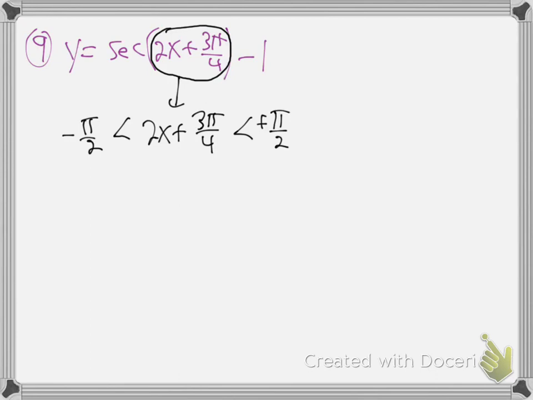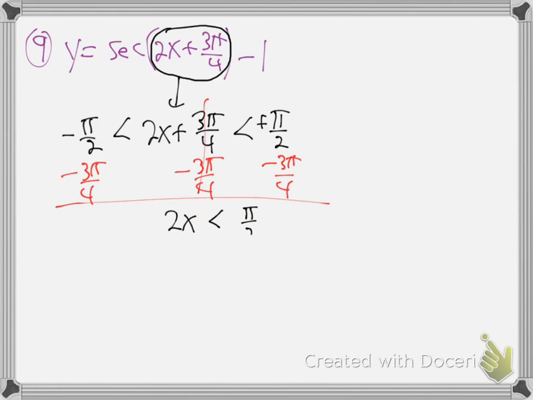So what's the first step to solve for x? Subtract that 3 pi over 4 from all 3. Multiply top and bottom by 2 on these guys, huh?